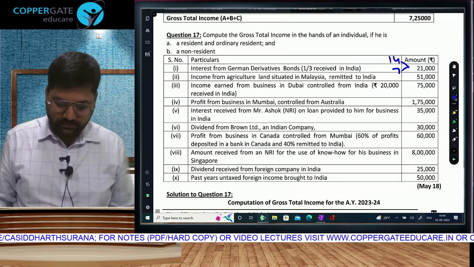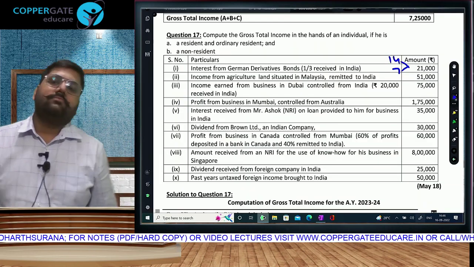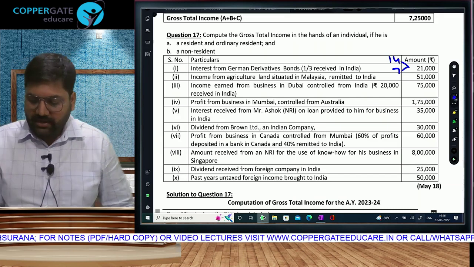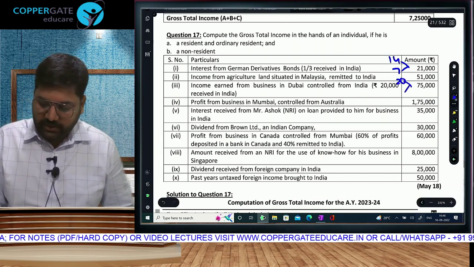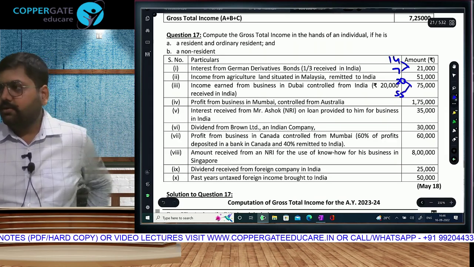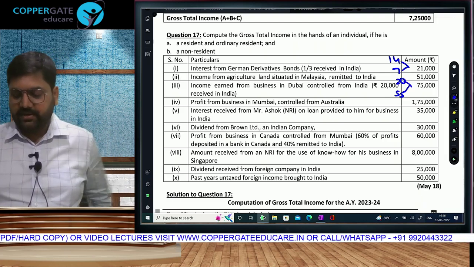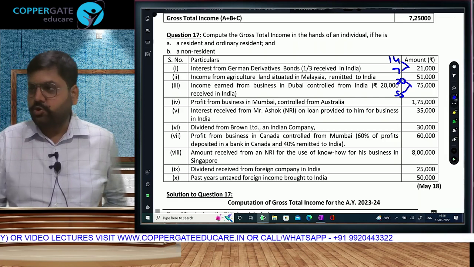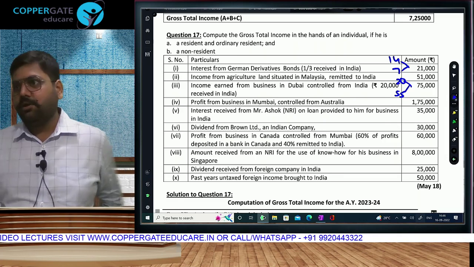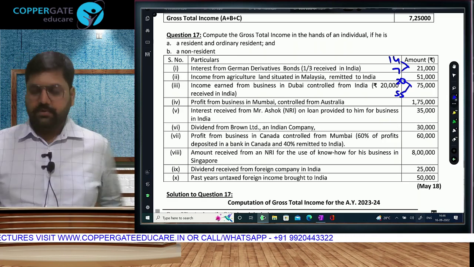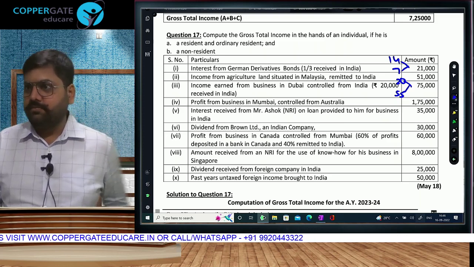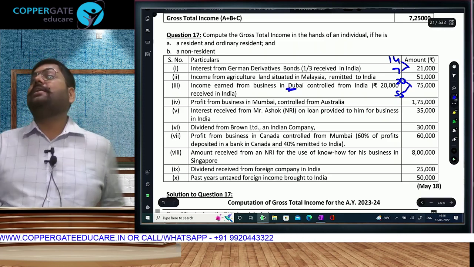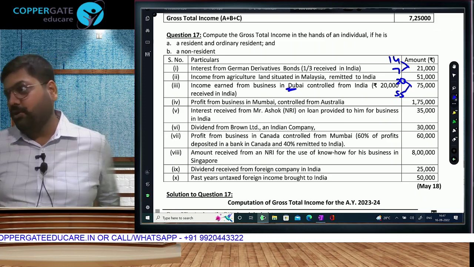Next. Income earned from business in Dubai, controlled from India, 20,000 received in India. So I will have to bifurcate into 20 and 55. 20 is received in India, so it is Indian income and will come in the NR column too. Is 55 Indian income or foreign income? Control from India is relevant only for RNOR, which is not asked.